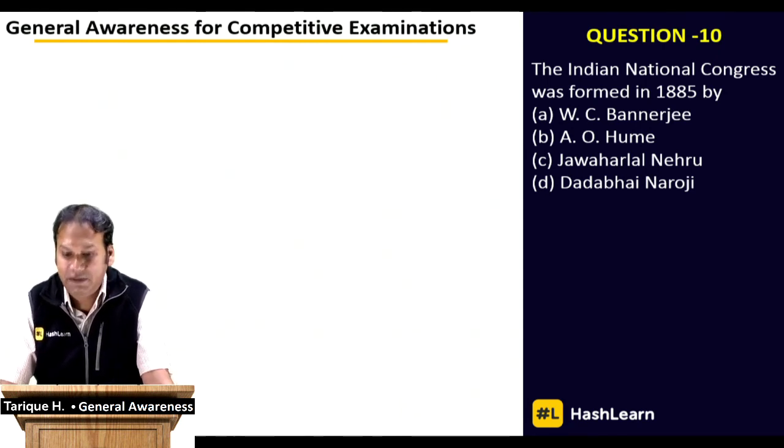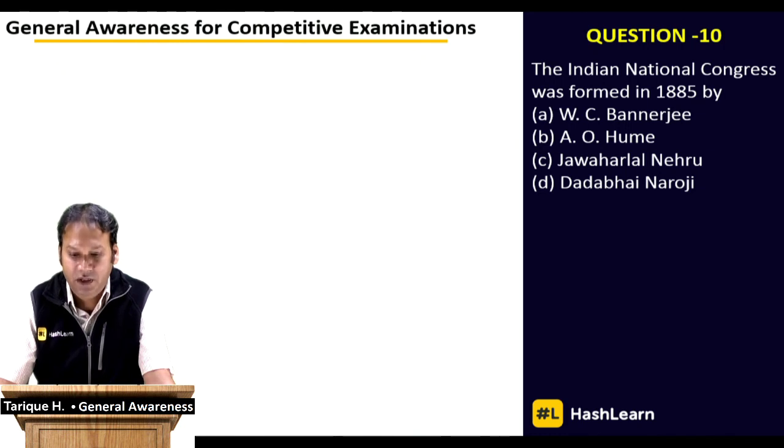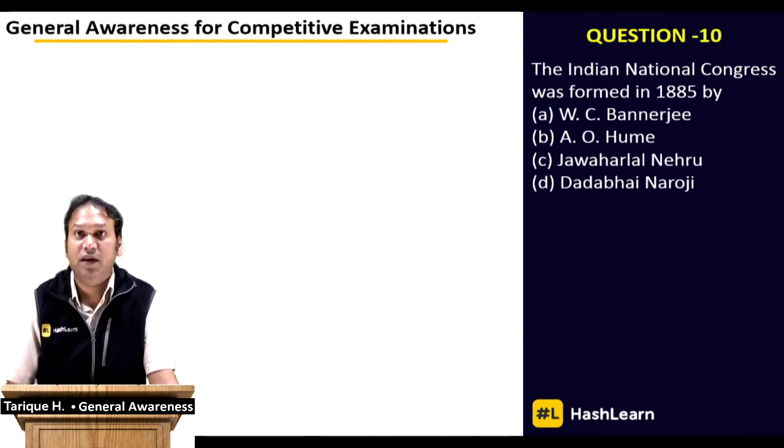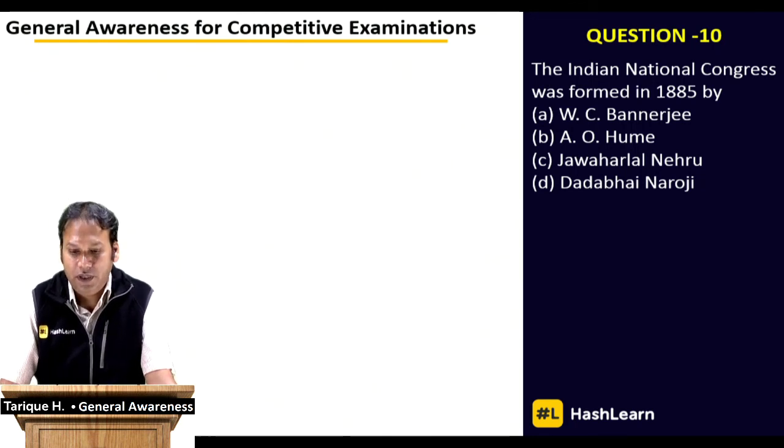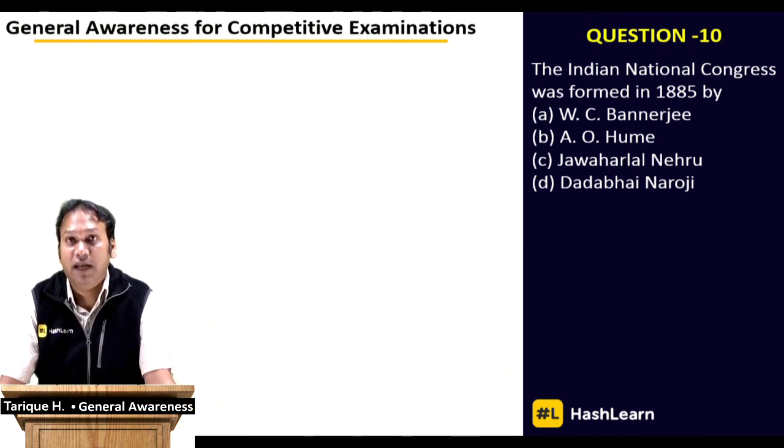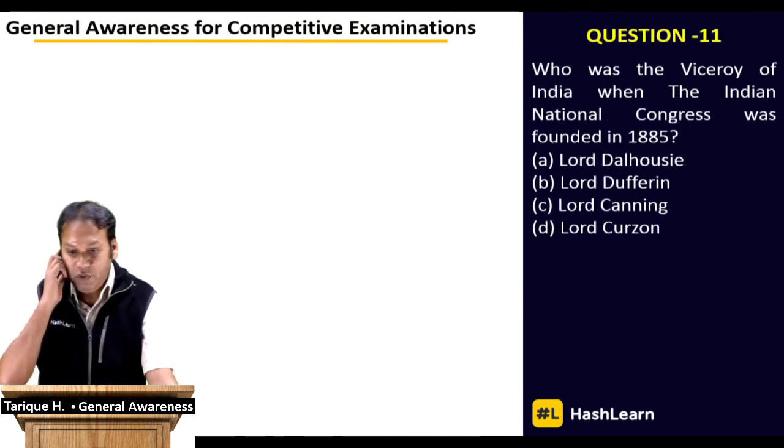Because they brought like-minded people together on one platform and gave voice to the Indian people, organized them. This taught the Indians how to organize themselves, and taught Indians the concept of democracy and election and all those important concepts of civilized societies that earlier they were not familiar with. So the Indian National Congress was formed by A.O. Hume in 1885. Let's move to question number 11.